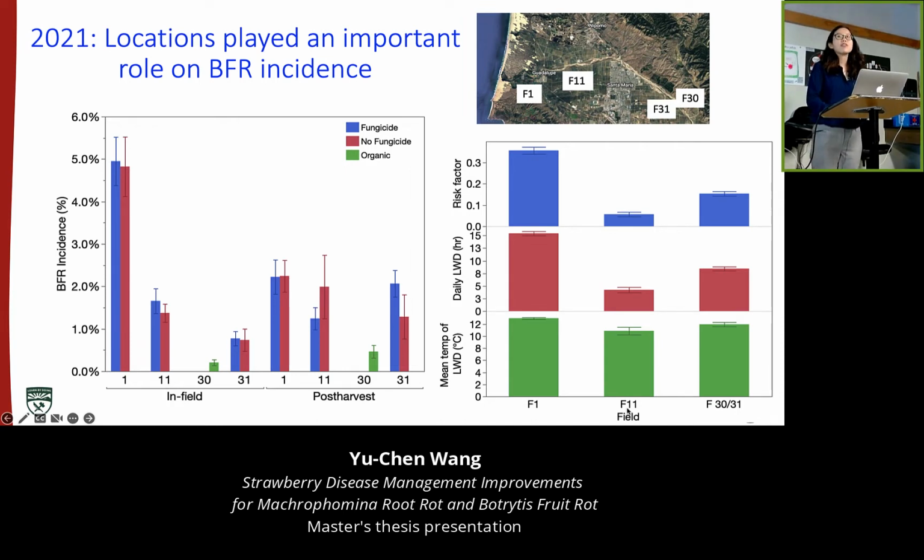And this risk factor corresponds to the daily leaf wetness duration shown here. In general, field 11, a coastal area, has about 15 hours of leaf wetness per day, which indicates dew events and some morning showers, and going inland is a lot drier.